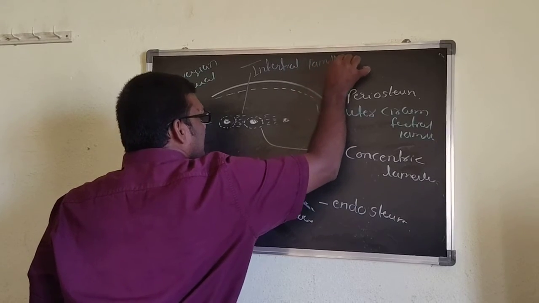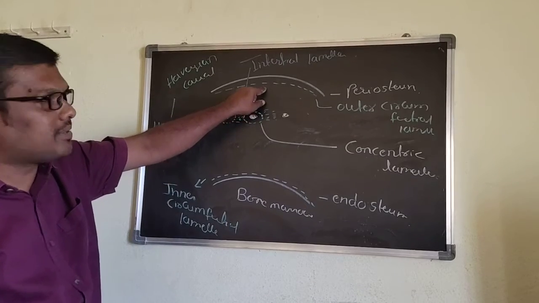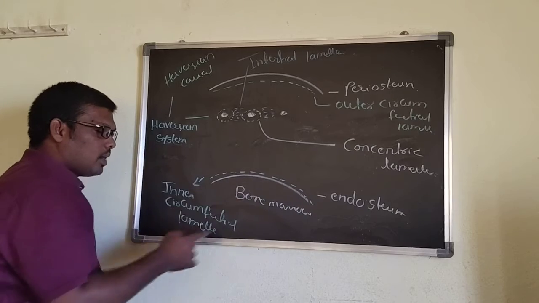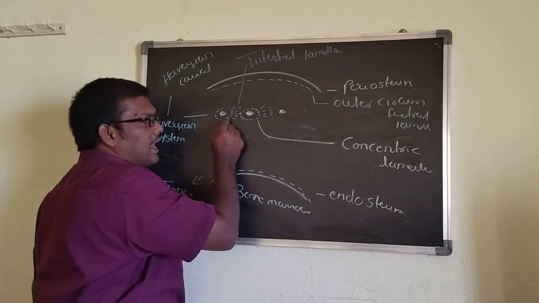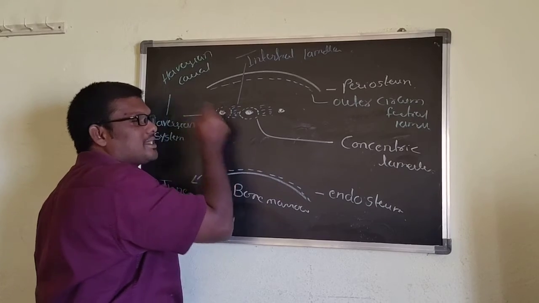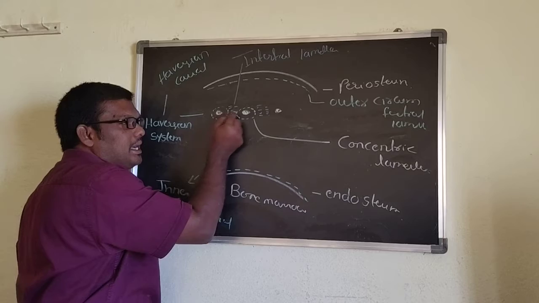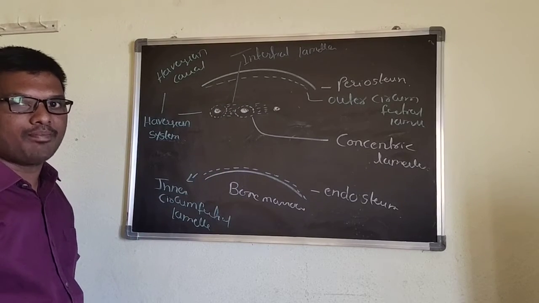I said four types of lamellae. One is towards the periosteum, the outer circumferential lamellae. Towards the endosteum is the inner circumferential lamellae. The lamellae that surround the Haversian canal are the concentric lamellae. Between the canals, they are called interstitial lamellae.